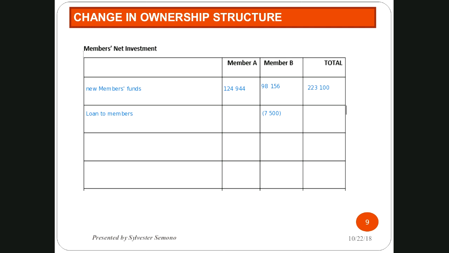Any question? Thank you very much, Viola, for that. So he must pay back the loan. But if you check very well, we had a loan from a member. According to our information, remember when I was busy highlighting the information for you there, we had a loan from a member.